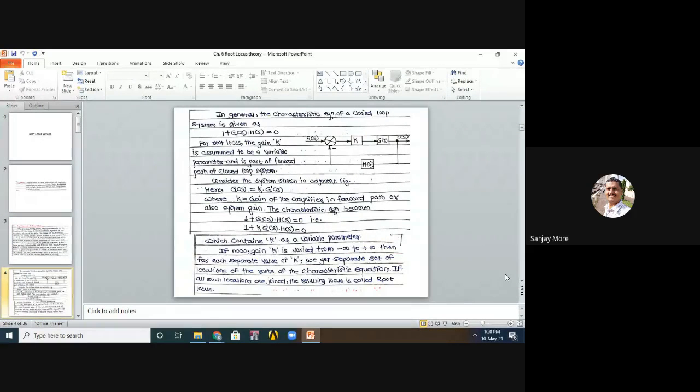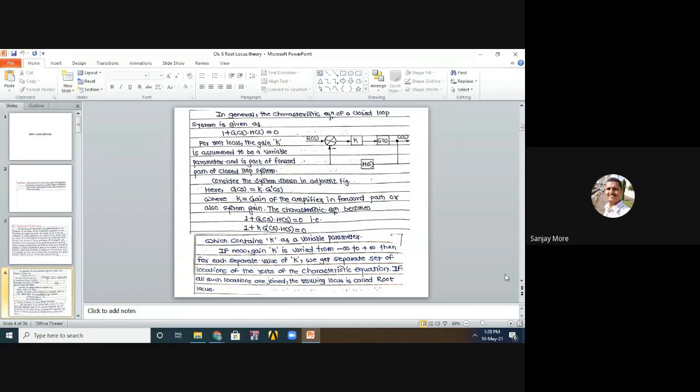Here, see the graphical point of view. The general characteristic equation is 1 plus G(s)H(s) equal to 0. Therefore, G(s)H(s) is equal to minus 1. In root locus, the gain K is considered a variable parameter in the forward path, so G(s) is equal to K into G dash(s), where K is the gain of the amplifier in the forward path, also called the system gain.